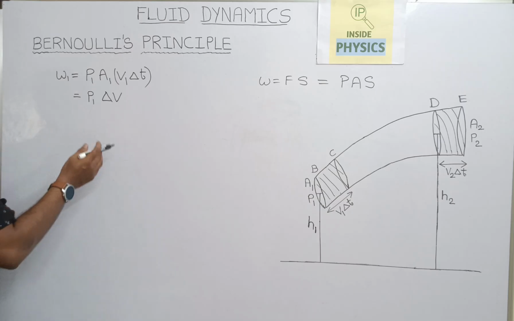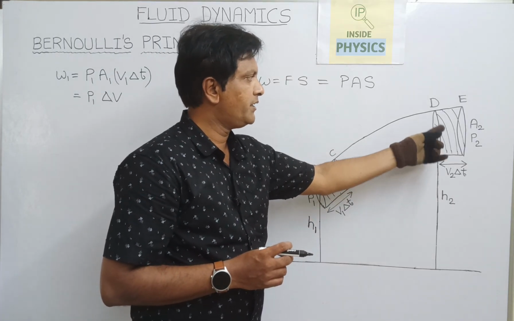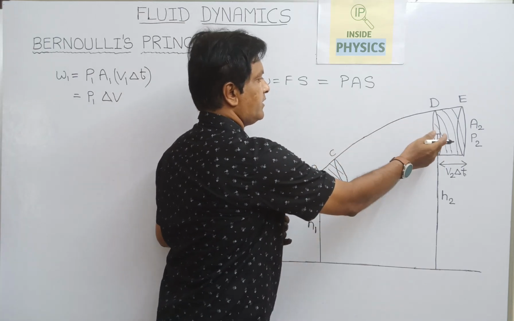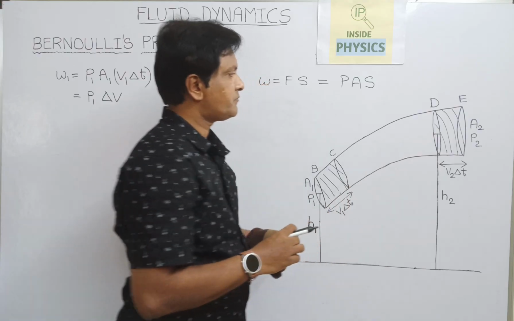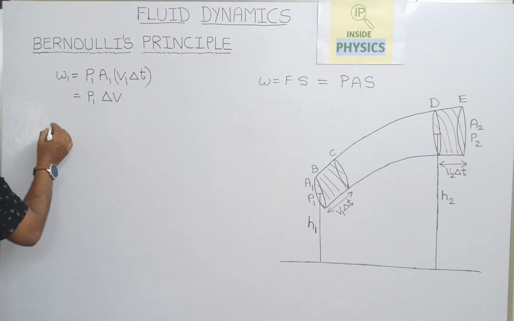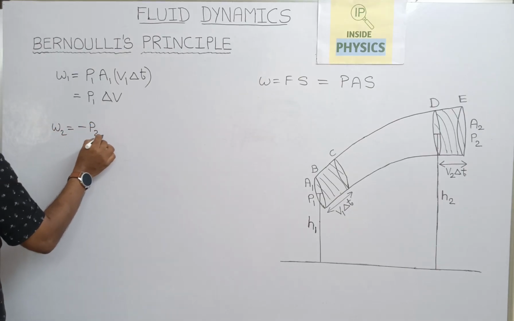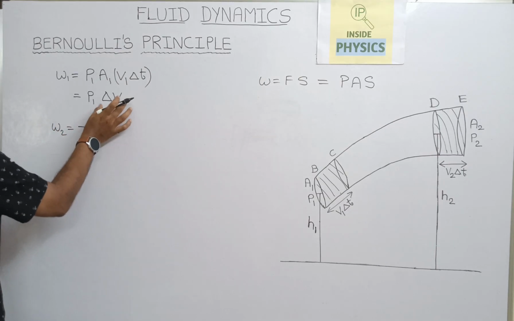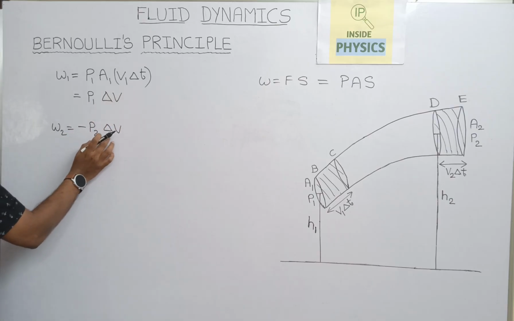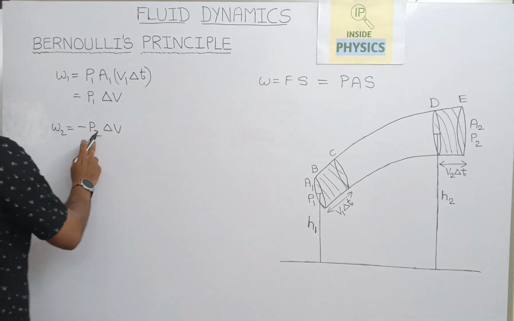Again, there is work done by the fluid here, because the fluid is pushed. The work done by the fluid here is written as W2 is equal to minus P2 delta V. We can use the same principle, because the pressure at the other end at E is P2.